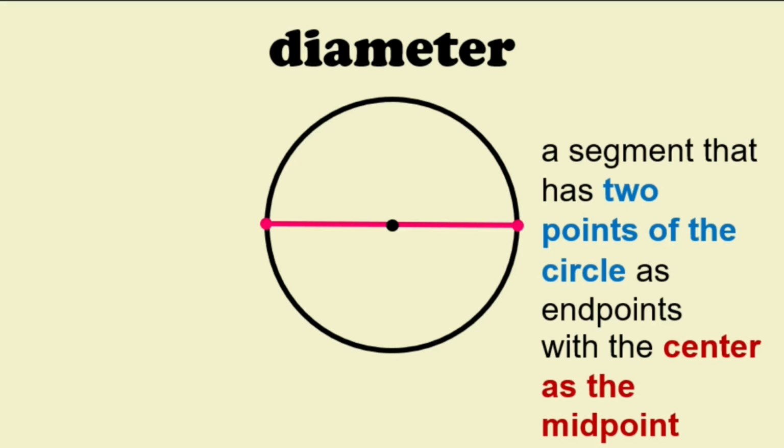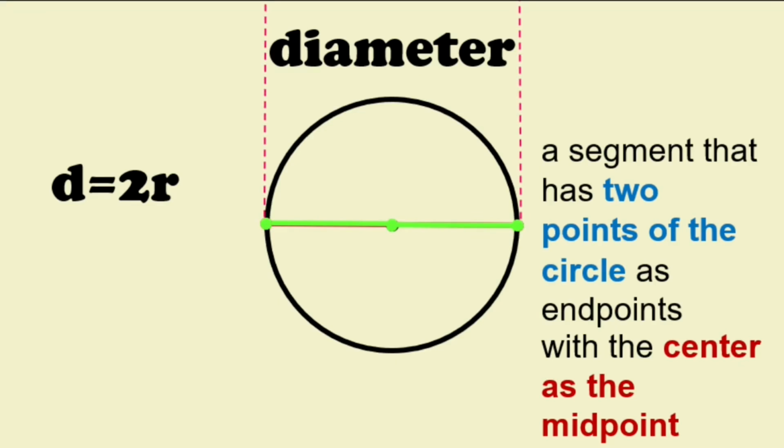Yes, the diameter is twice as long as the radius. As you can see, the diameter is just two radii drawn from the center to the circle in opposite directions.